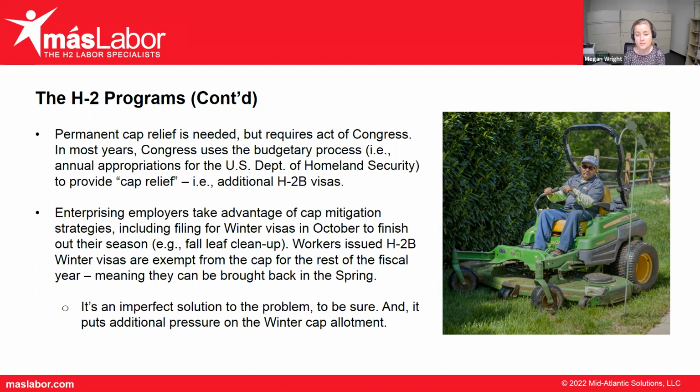This would mean that the workers they filed for October 1st are actually cap exempt, because they would be coming back for the second half of that fiscal year. So certainly an imperfect solution, and it also puts a little bit more pressure onto that winter cap allotment, but for this point, it is one strategy to try and mitigate, again, the visa cap for that April 1st filing.